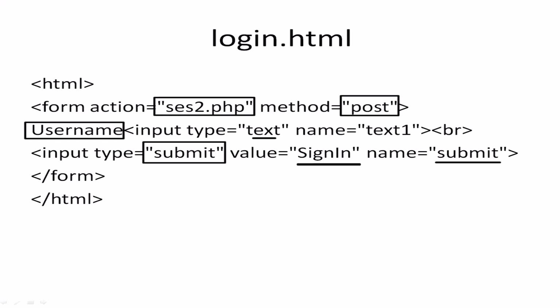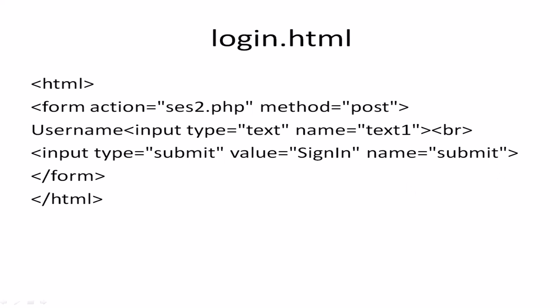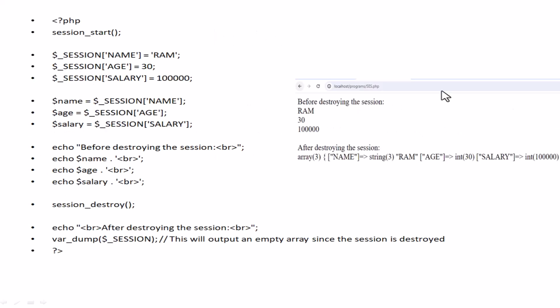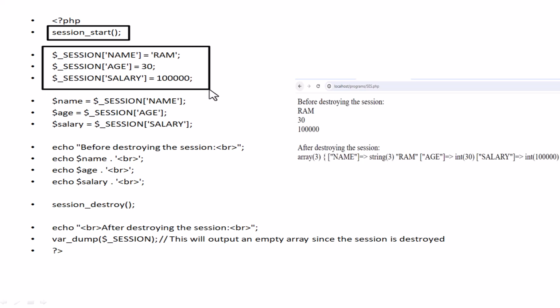Next, what is the content inside the particular session2.php? Let us see. Here you create a session by using session_start. Now you specify the different values: name, age and salary. You have assigned name equal to Ram, age is 30, and salary is 1 lakh.